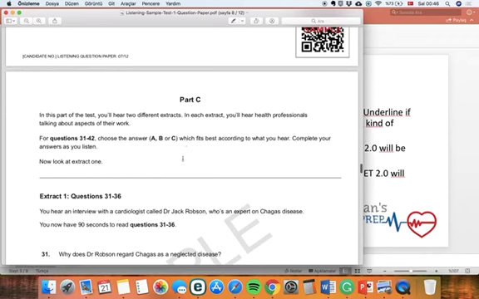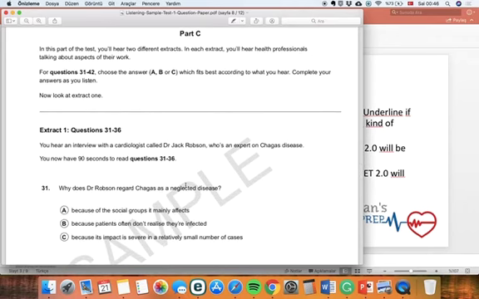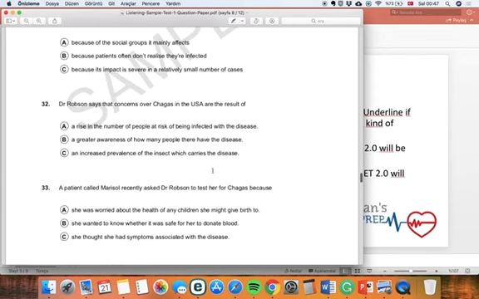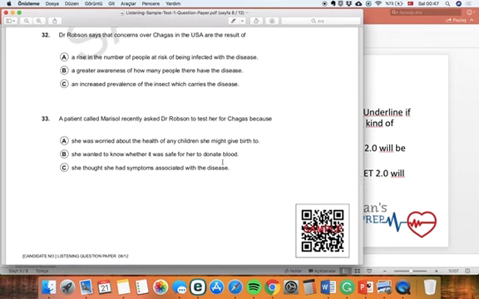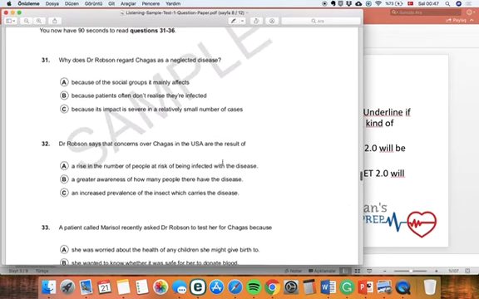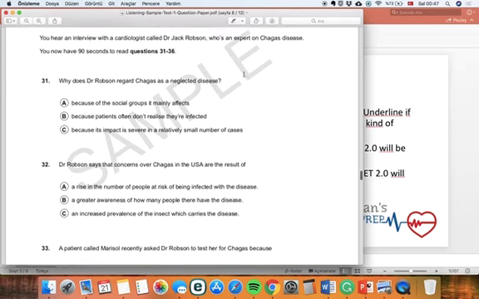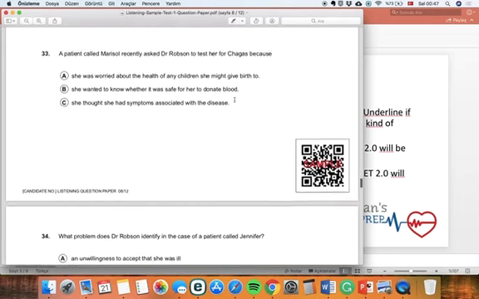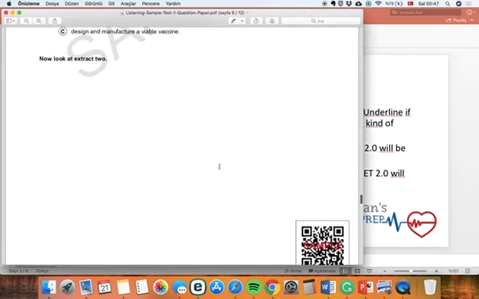And in part C, as I said, you will hear an expert talking about the topic of their expertise. For example, you see there's a cardiologist who's an expert on Chagas disease, and you will hear a longer monologue about this disease from this person, and you need to choose the correct answer.